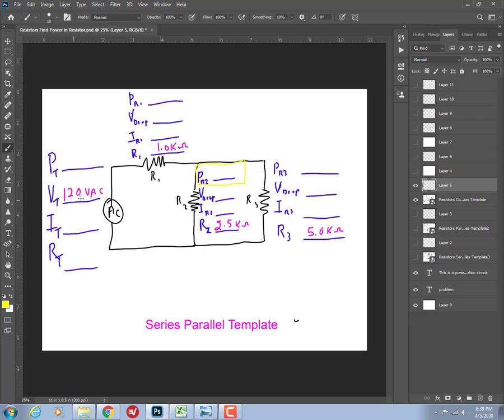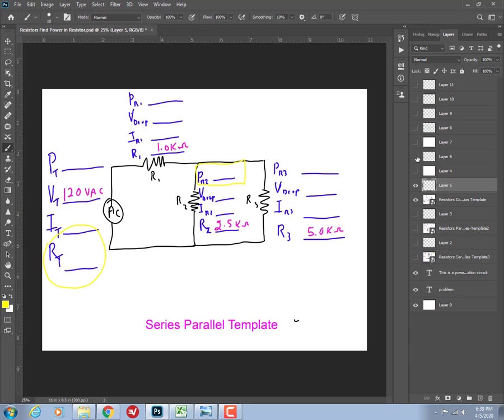Our total voltage is 120 volts AC. And we have no other clues. It's pretty empty. What can we find? We know all the resistors, so we're going to have to find the equivalent resistance for all three. So we're going to find our total.